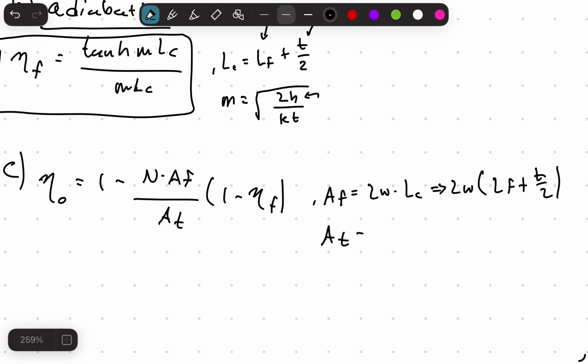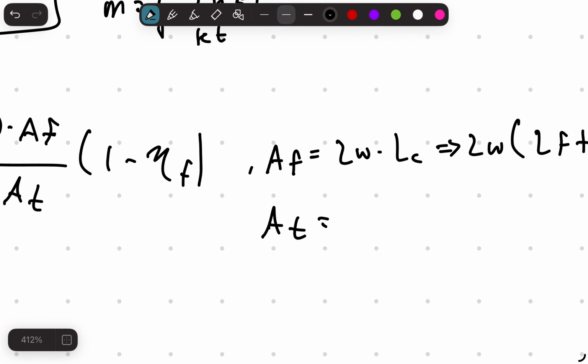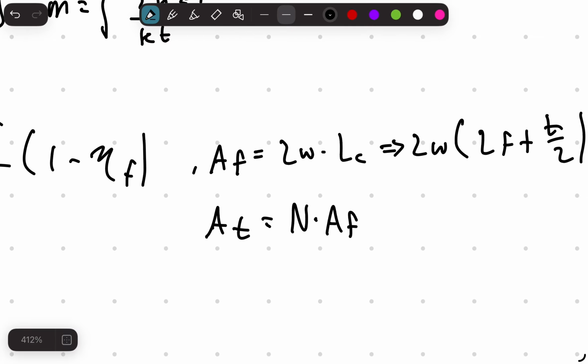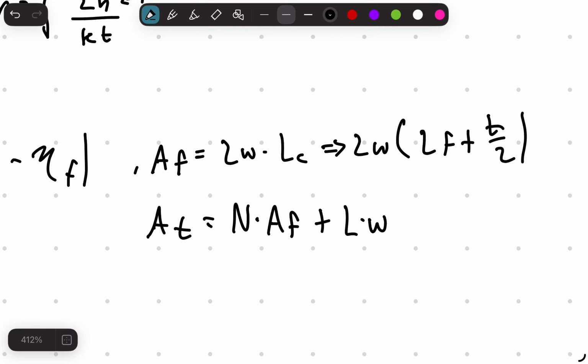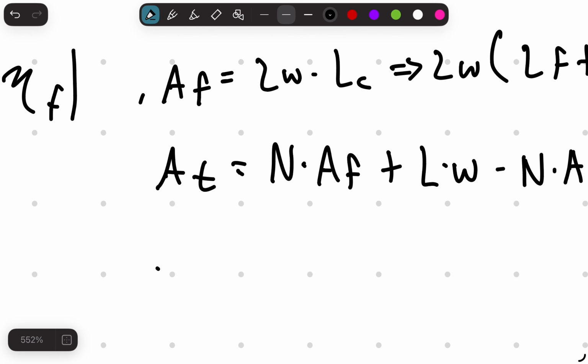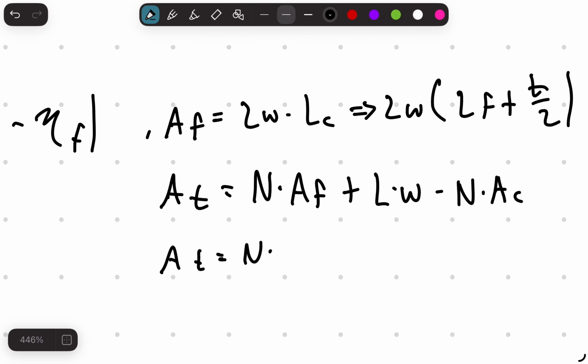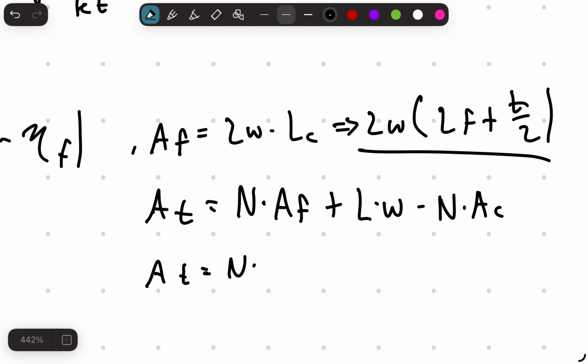And then the total area of all, including every single fin, that's going to be number of fins times the area of fin plus the total area, so the length times the width, minus number of fins times the cross-section area of the fin. So this is going to simplify to number of fins times the area of fin, which is up here.